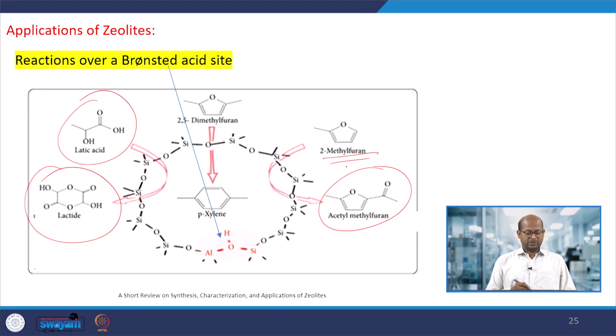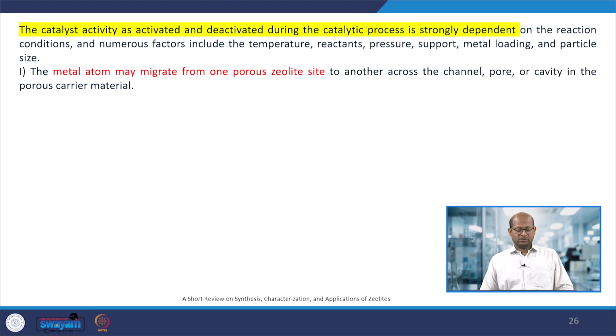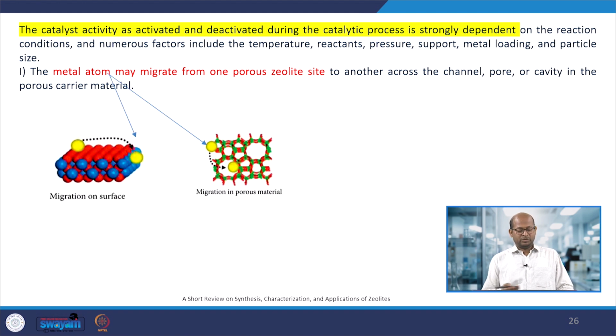Many applications are there where these materials can act as catalysts. Sometimes zeolites may be taken as a support material, and different metals or metal oxides that act as catalysts for specific reactions can be distributed on them. The metal atoms may be distributed on the surface or inside the pores, depending upon the concentration of the precursors taken. So we can prepare zeolites with specific metal precursors.